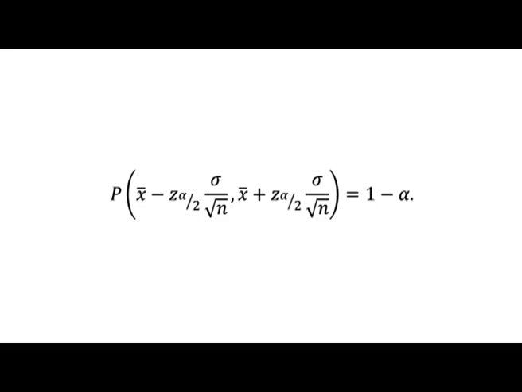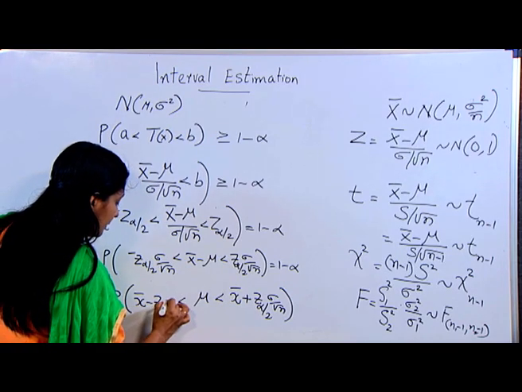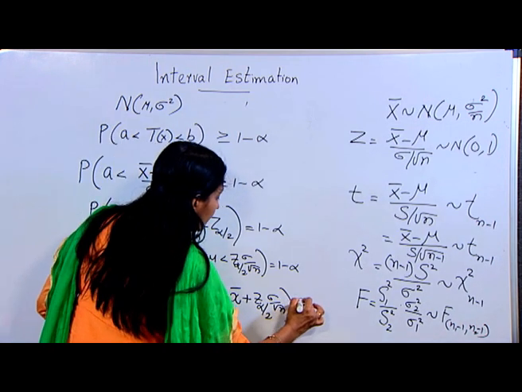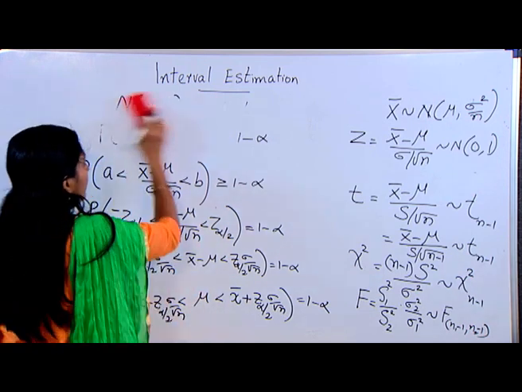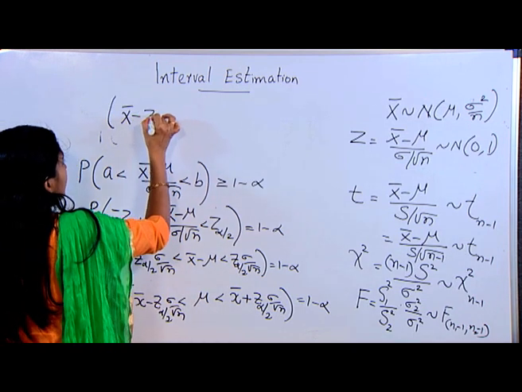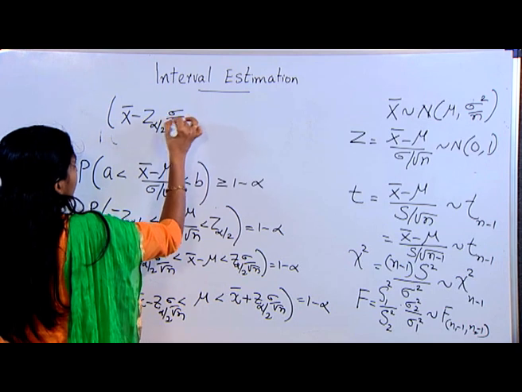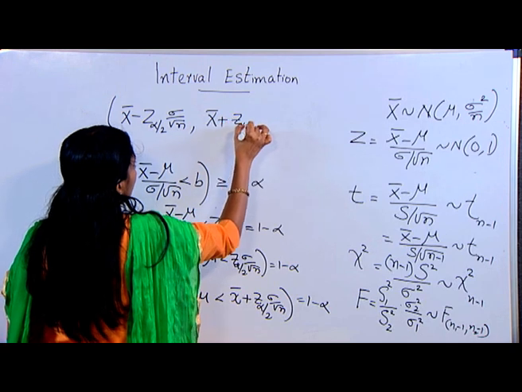After rearranging the terms, we have the probability of X bar minus Z alpha by 2 sigma by root n less than mu less than X bar plus Z alpha by 2 sigma by root n is equal to 1 minus alpha. Hence, the confidence interval for the parameter mu is (X bar minus Z alpha by 2 sigma by root n, X bar plus Z alpha by 2 sigma by root n).